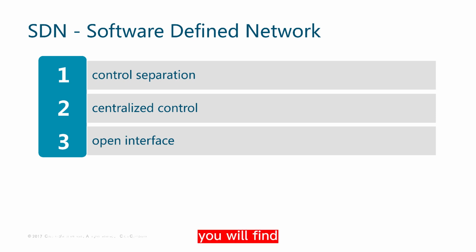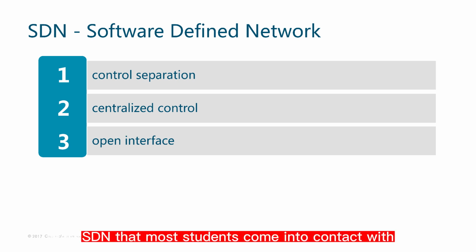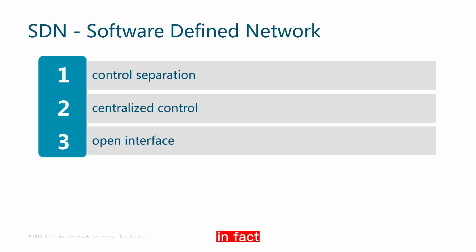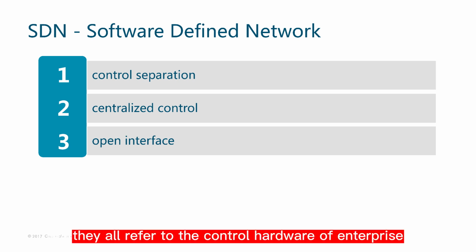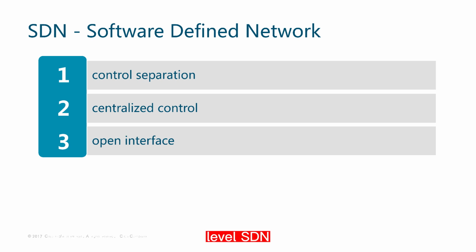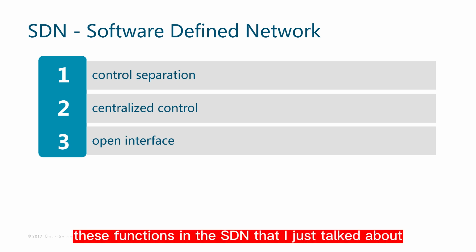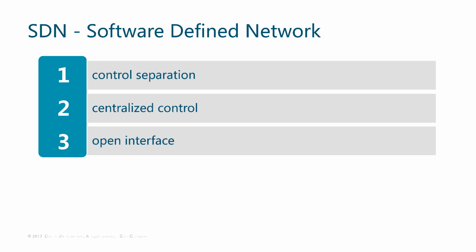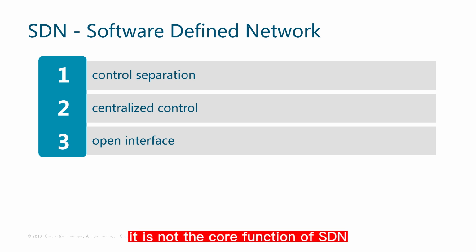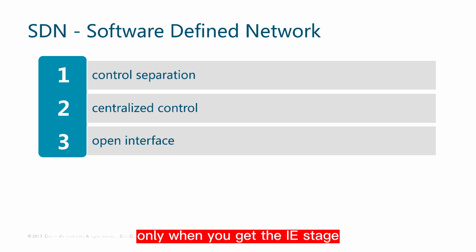You will find SDN, at the current stage that most students come into contact with, in fact refers to the control hardware of enterprise-level SDN. These functions in the SDN that I just talked about are in fact not the core function of SDN. Only when you get to the IE stage can you know its core functions.